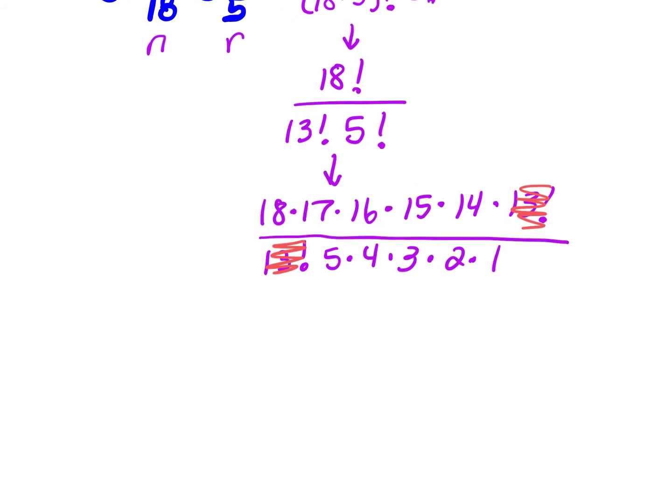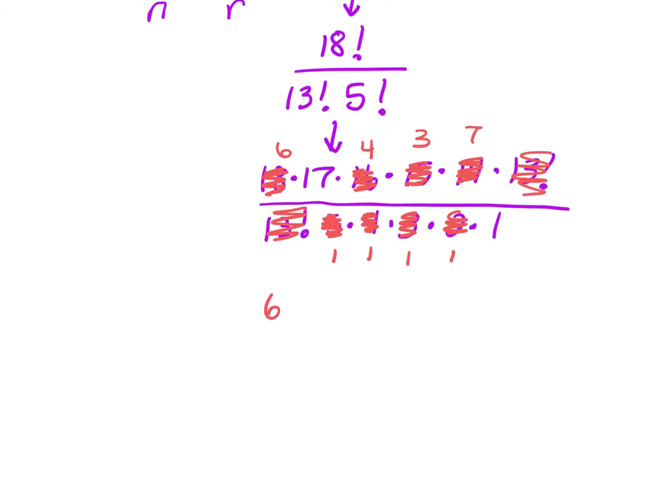But I like to go in here and say, okay, 5 goes into 5 once, 5 goes into 15 3 times, 4 goes into 4 once, 4 goes into 16 4 times, 3 goes into 3 once, 3 goes into 18 6 times, 2 goes into 2 once, and 2 goes into 14 7 times. I like to simplify as much as possible.